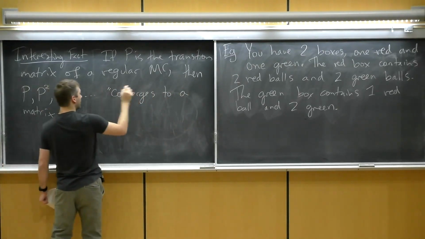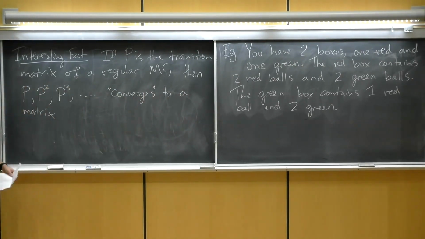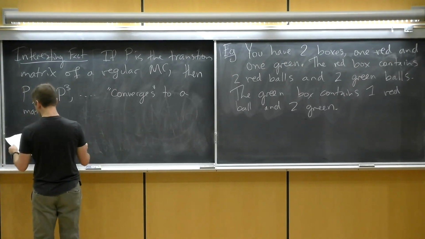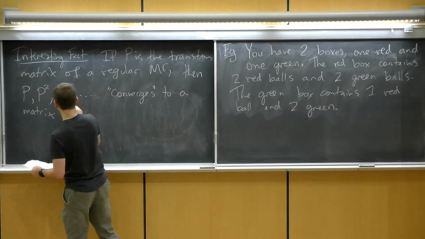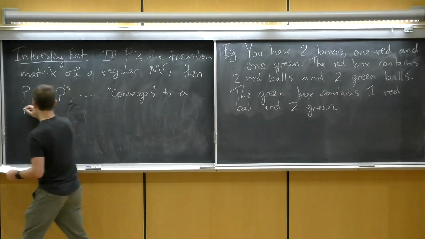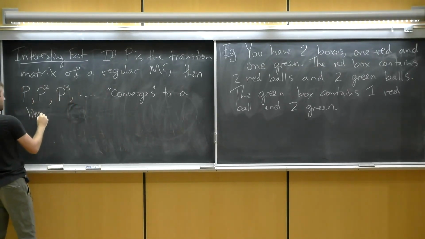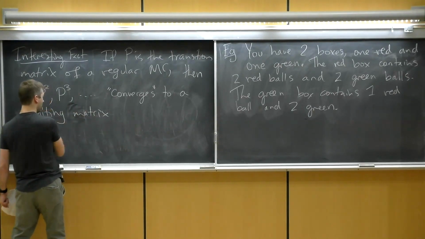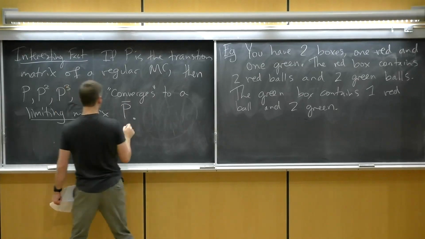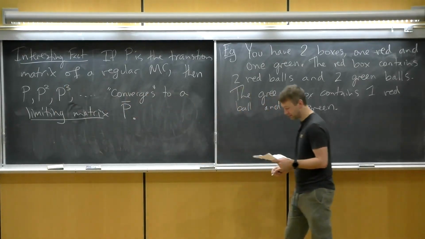We haven't really talked about what it means to converge, but when I say it converges, I mean the entries in this matrix get closer and closer to some certain value. It's called the limiting matrix, which we write as P bar, so P with a bar on the top.